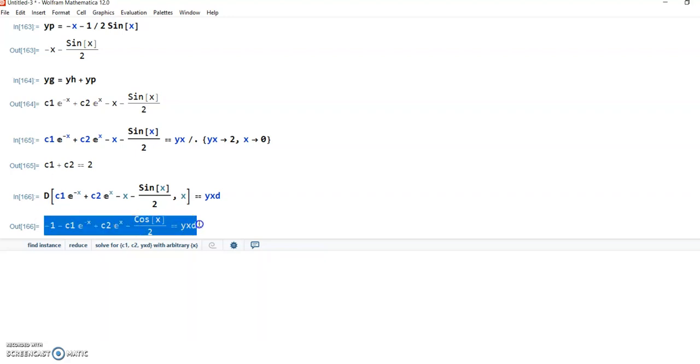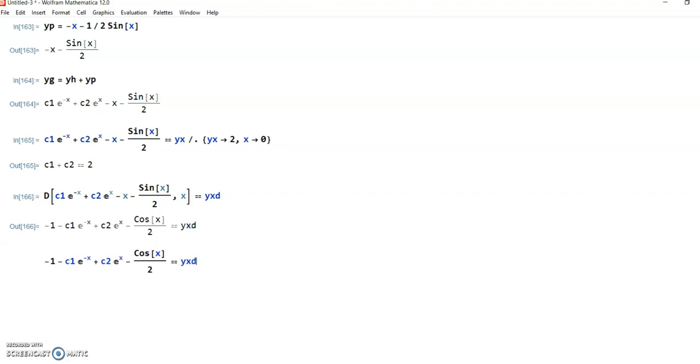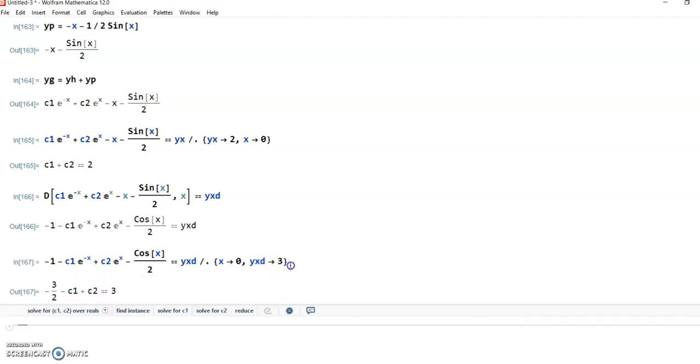So in this equation now I have to replace the values of y'(x) and x. So I have to replace these values, Control V. So when x was 0, the y prime of x was 3, and then I will write it like this.